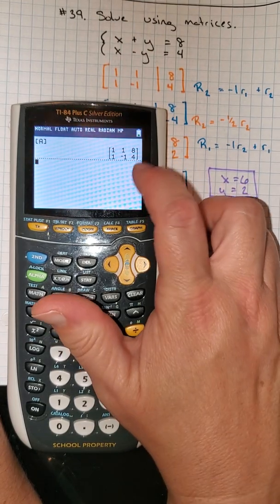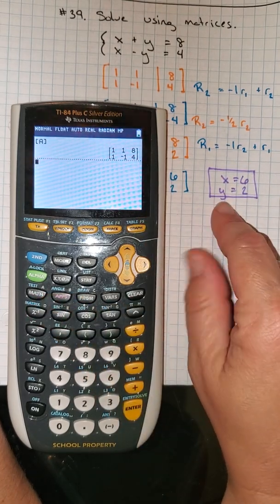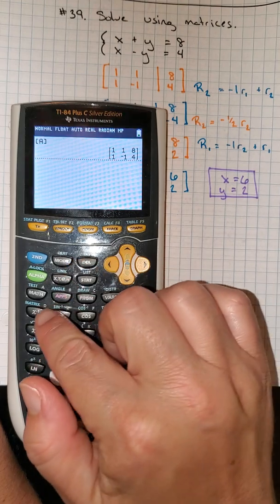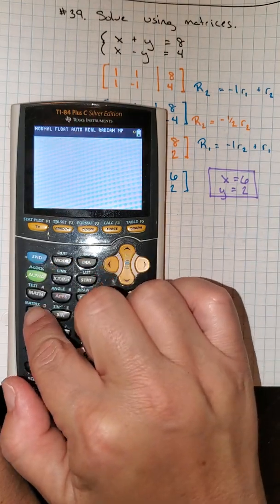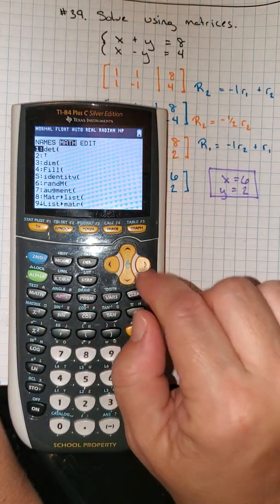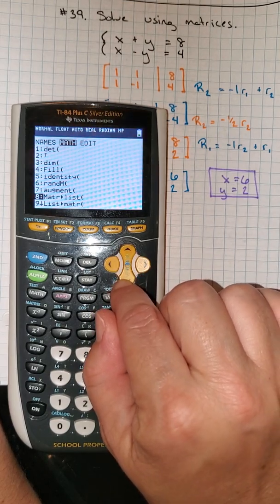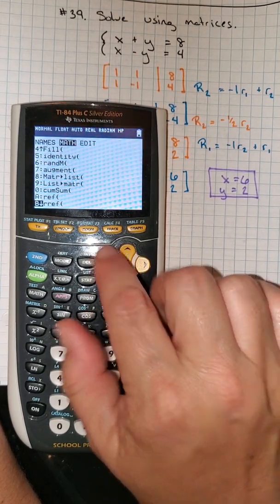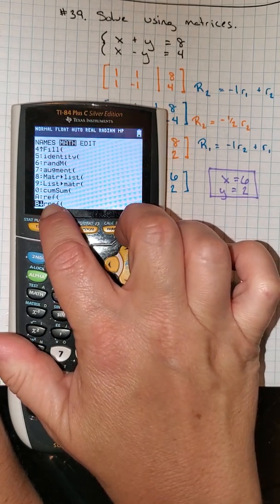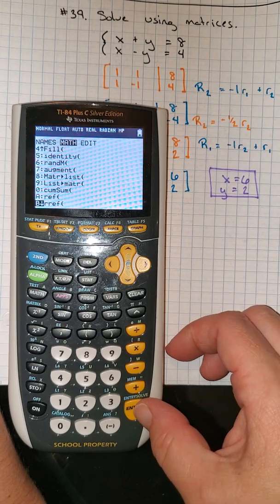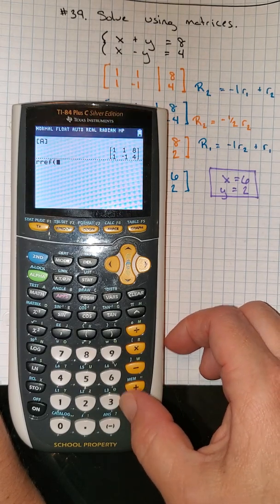But I want that to be in reduced row echelon form so I can check to see if my answer is correct. So I'm going to go back to matrix, math, reduced row echelon form. If you arrow down, or actually you can arrow up, row echelon form is A, but reduced row echelon form is B. So I'm going to click on that.